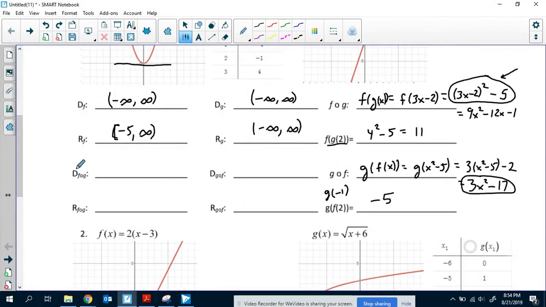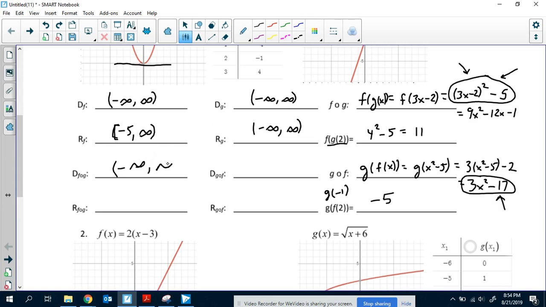Now, the last part, if we want to look at the domain and range of f of g and g of f, it's probably easiest to look at these answers. So if I'm looking at the domain of f of g, look at all of the values of x that I can substitute in. I can substitute any value into this function.